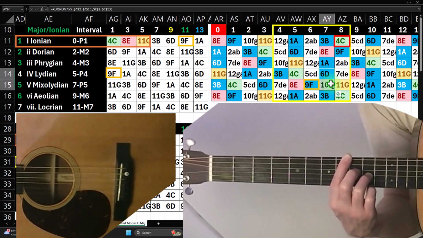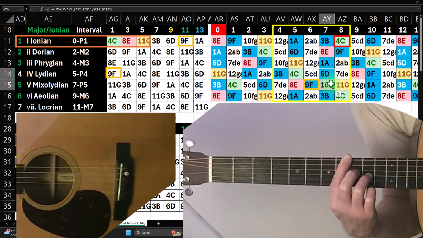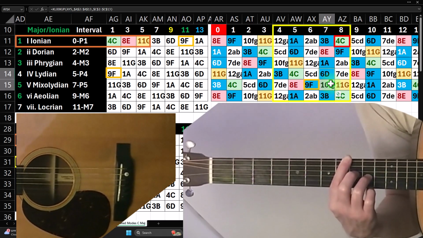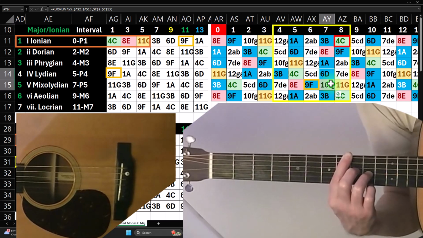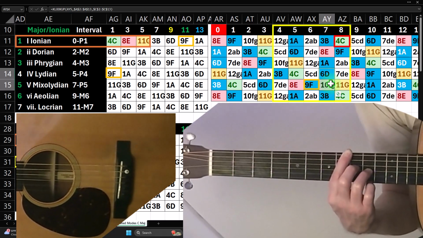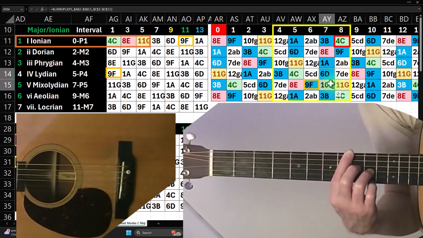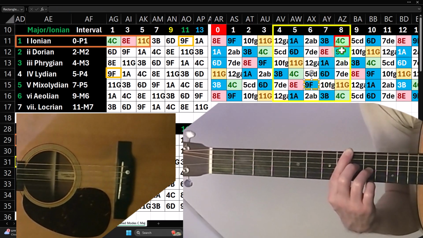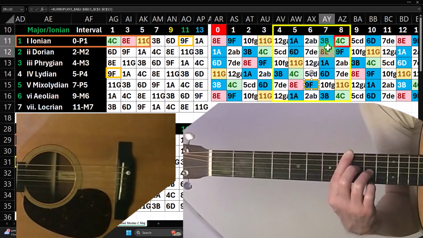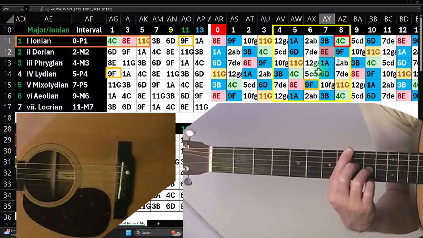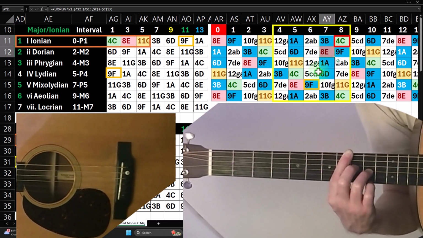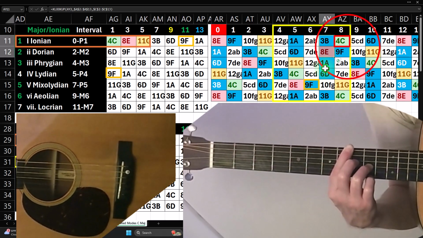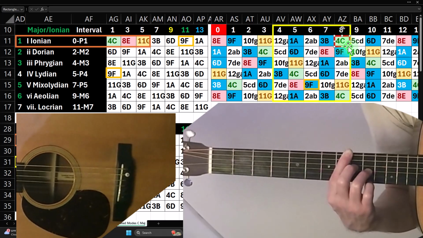I don't have to say this is what happens when I don't cross the fault line and this is what happens when I do, because I'm always going to cross the fault line. Therefore, if I go down 4 strings, the location is always going to be the same, because I can only do that from the top 2 strings. So the relative position going down 4 strings is actually easier. It's always the same because it always crosses the fault line.